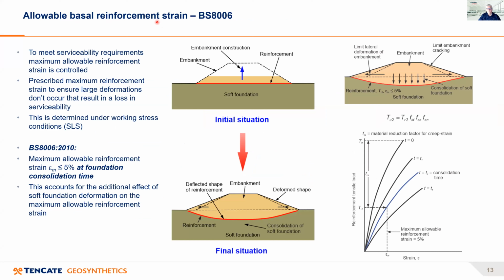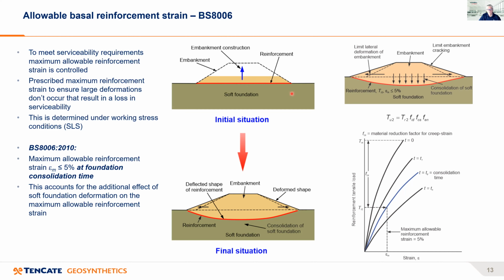Now let's come to the reinforcement strain. So we've looked at the maximum load. Let's now look at what needs to be the reinforcement strain. And again, I'm going to take it from BS8006. To meet the serviceability requirements, we need to apply a maximum allowable reinforcement strain to control how much this embankment strains and deforms.